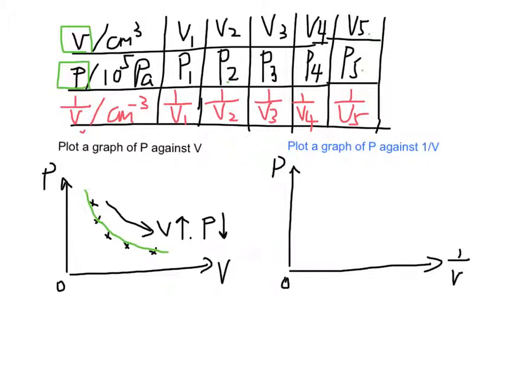And then we plot a graph of P against 1 over V. The data points will be something like that, and we get a graph which is a straight line passing through the origin, which shows that the gas pressure is proportional to 1 over volume, P proportional to 1 over V.